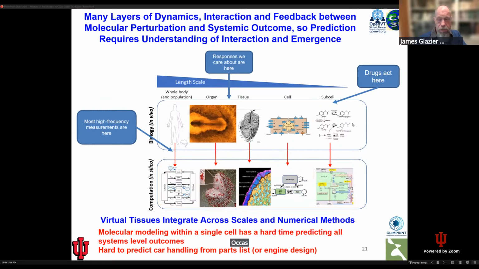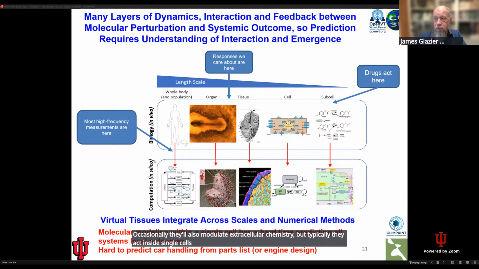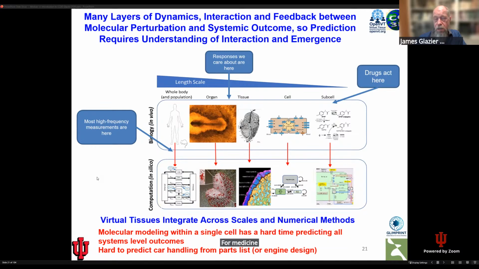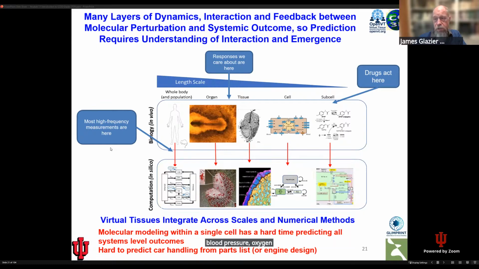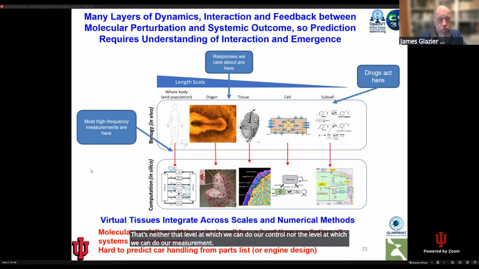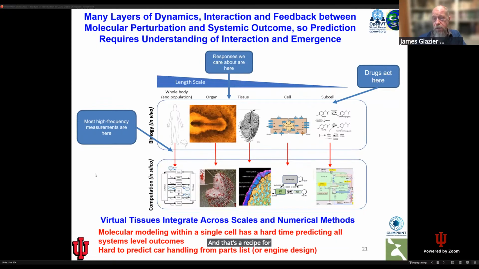Occasionally, they'll also modulate extracellular chemistry, but typically they act inside single cells. For medicine, at least, our high-frequency measurements tend to be whole-body measurements: blood pressure, oxygen level, chemistry in the blood, and so on. The scale we actually care about is in the middle, at the tissue and organ scale. That's neither the level at which we can do our control nor the level at which we can do our measurement. And that's a recipe for failure of control and instability.